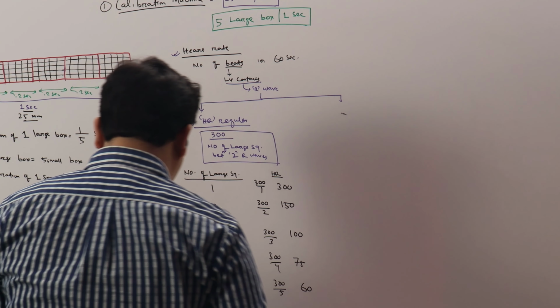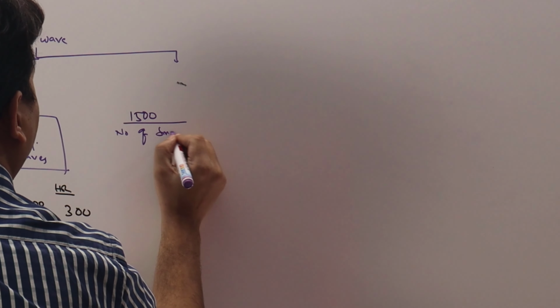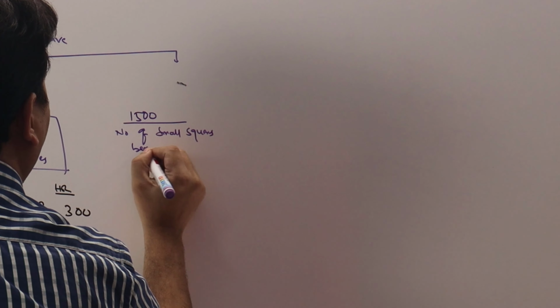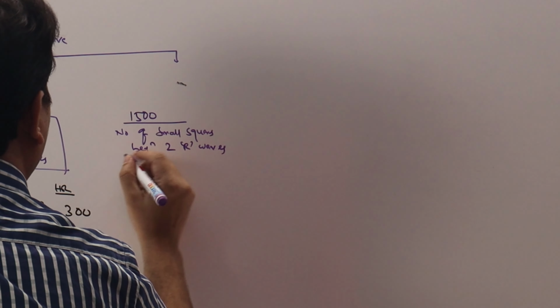In the same way we can calculate 1500 divided by the number of small squares between two R waves, right?